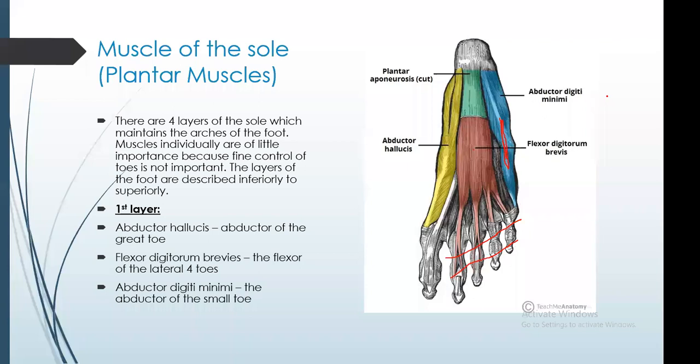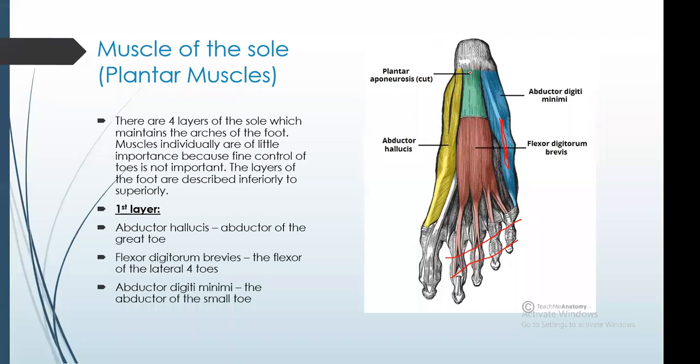So the first layer consists of these three muscles and the plantar aponeurosis, which has been cut over here. The plantar aponeurosis is the first structure which safeguards the nerves, the vessels, the muscles of the foot.